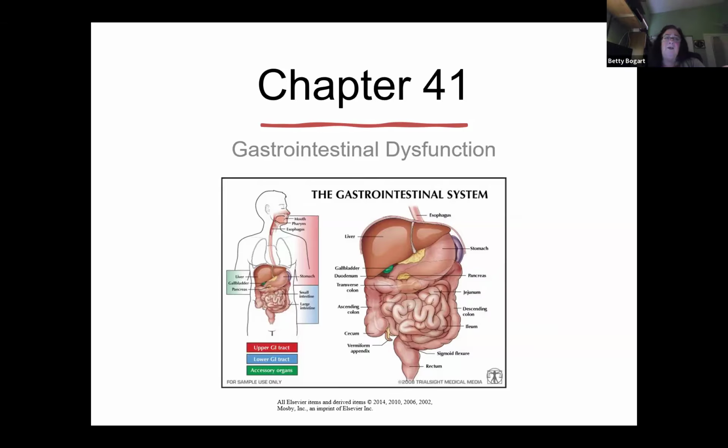Now, what is the concern about a child with celiac disease who can't absorb fat? Well, fat is very high in calories. And if we do not give them enough calories in carbohydrates and proteins, they're not going to be gaining weight the way that they should.